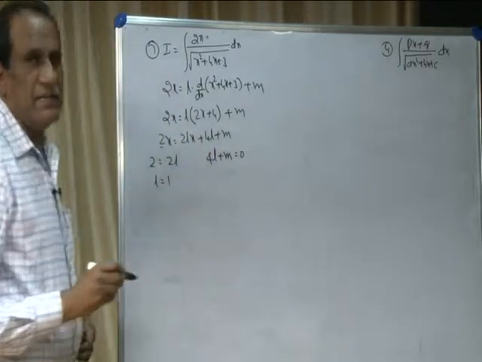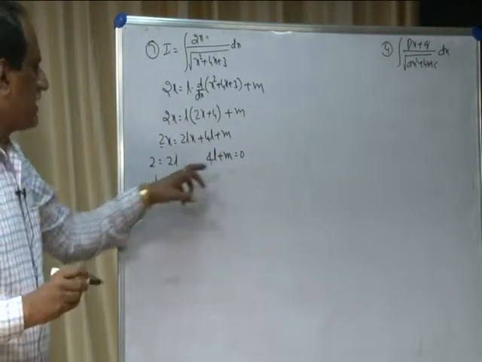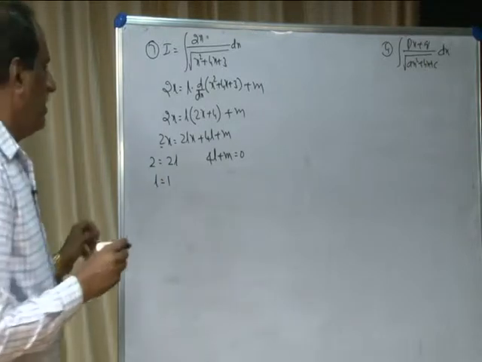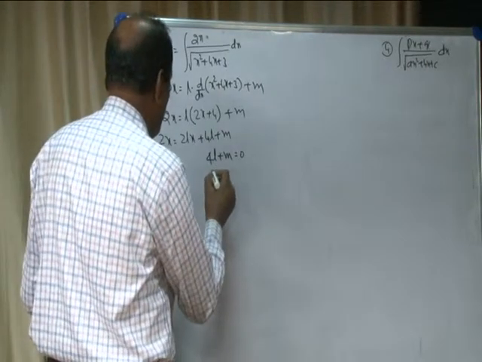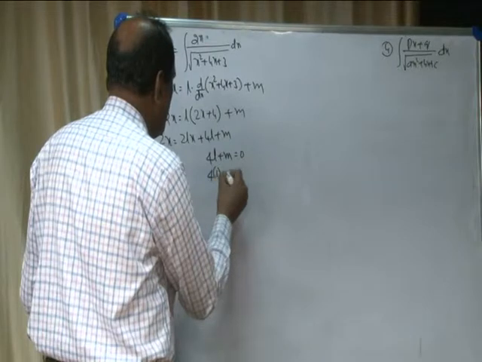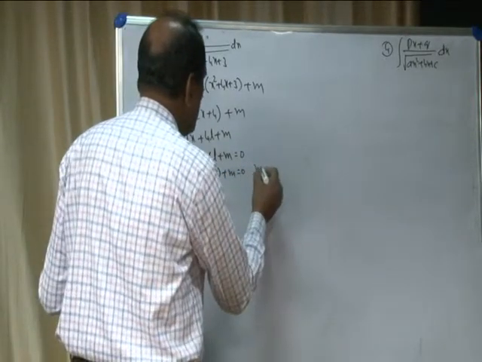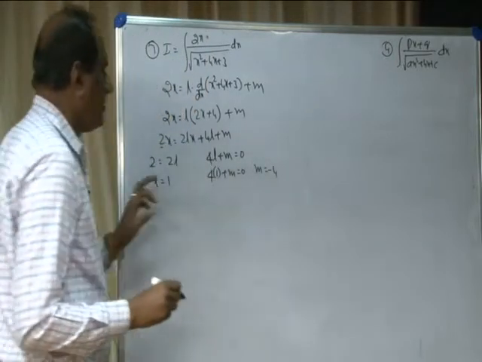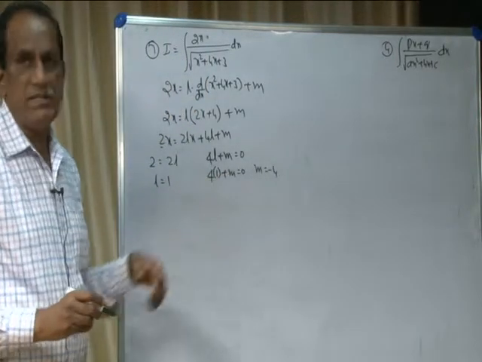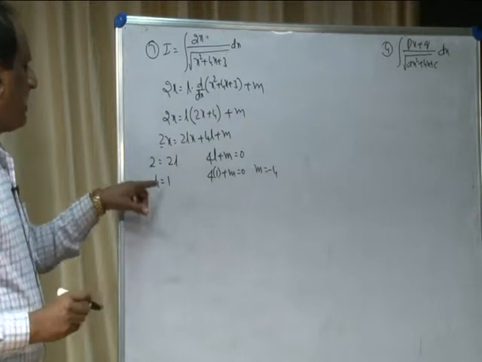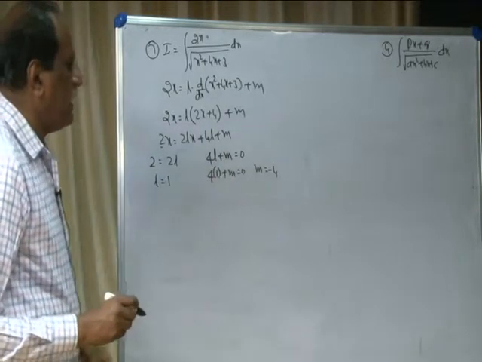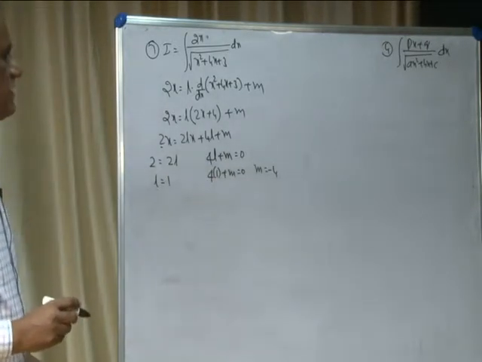No constant in the LHS, therefore, you must take the constant equal to 0. 4 into 1 plus m is equal to 0, so m is equal to minus 4. So, the value of L is 1, the value of m is minus 4.